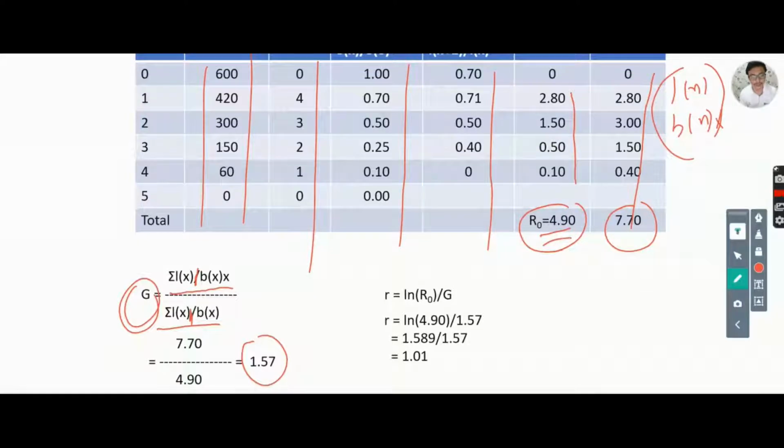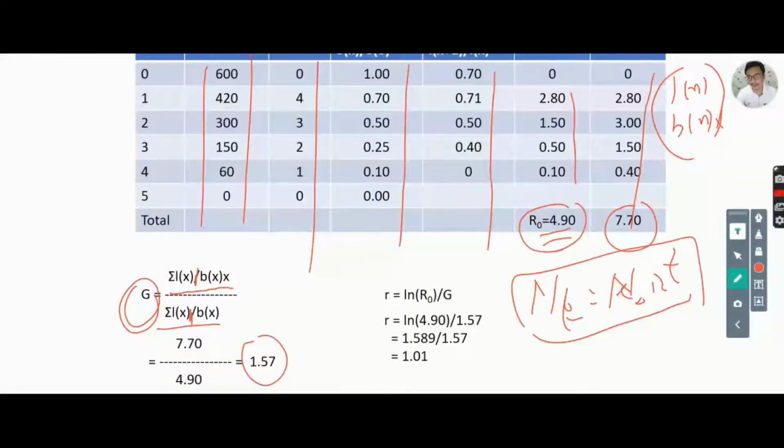Now, why are we coming to generation time? You can remember that Nt equals N naught e to the power rt is the formula we just discussed in the class regarding how to get the R. There we found Z naught, and Z naught is equivalent to, you can say, the generation time.